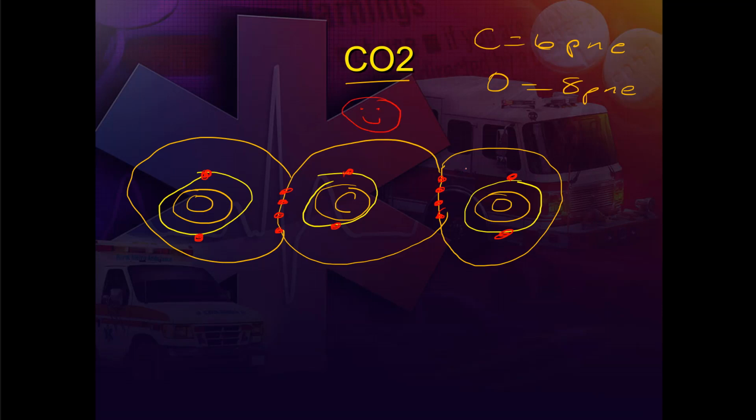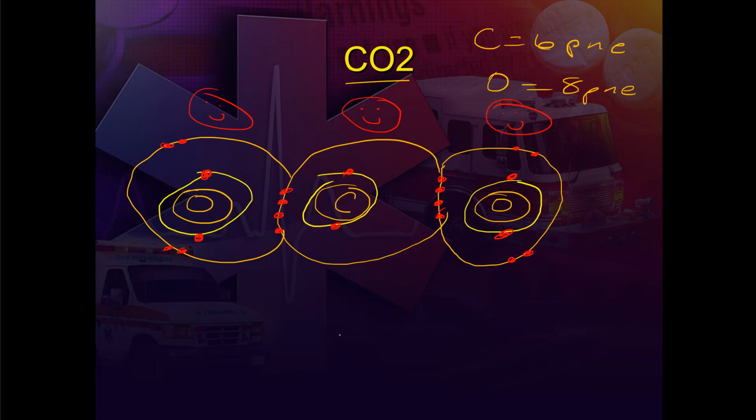Now we still have to do the same for oxygen. Oxygen has 4 here, and just as we did when we paired oxygen with oxygen, we have 2 pairs of electrons that are not used in bonding. Now we have 1, 2, 3, 4, 5, 6, 7, 8. That means the oxygen is happy and the other oxygen is happy.